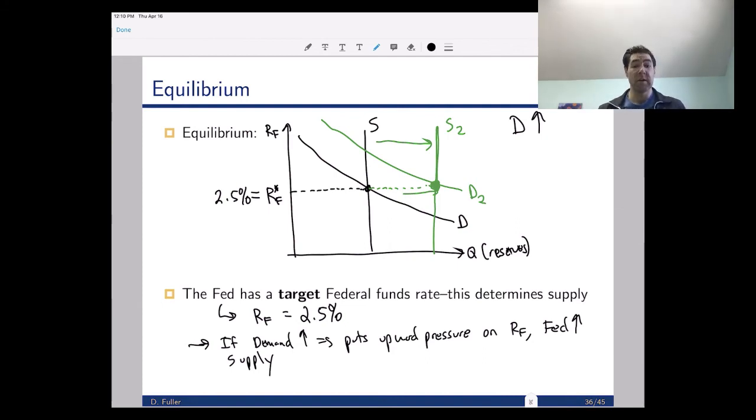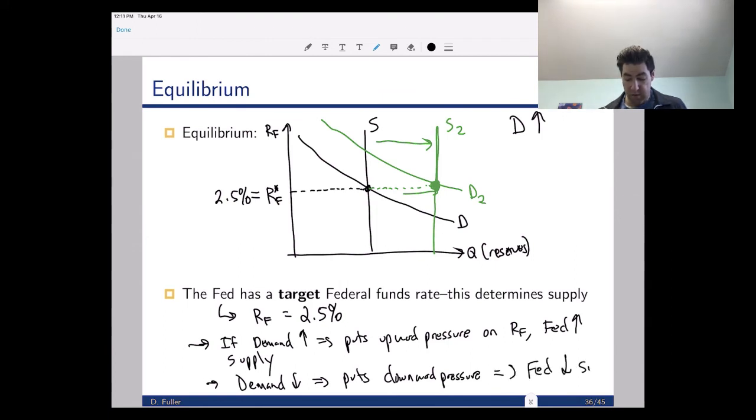If demand were to decrease for some odd reason, that's going to put downward pressure on the federal funds rate. And so the Fed then is going to decrease supply in order to counteract that.